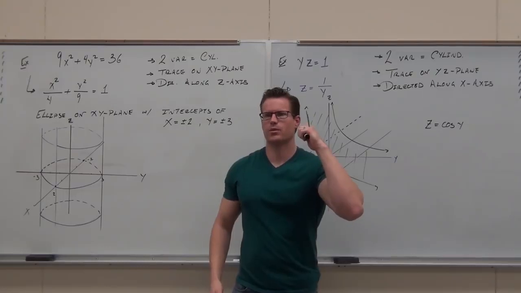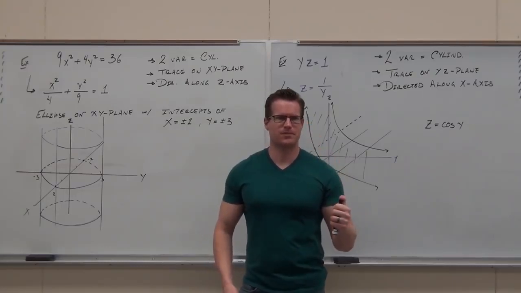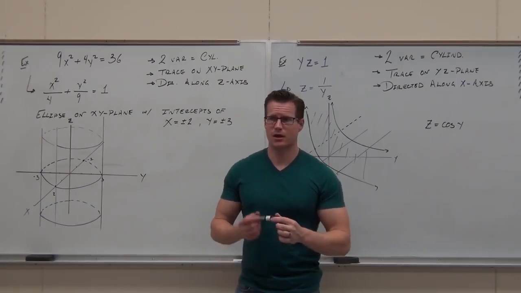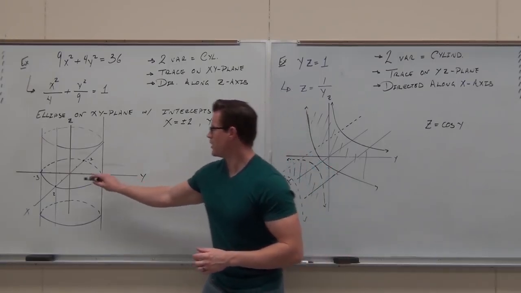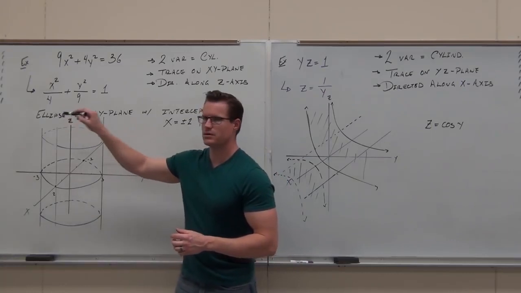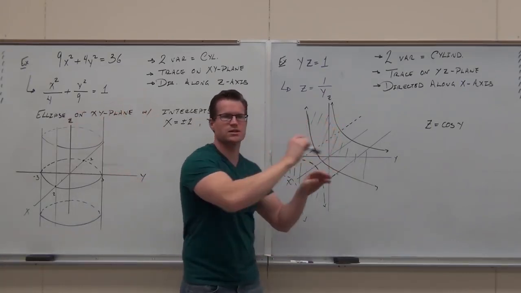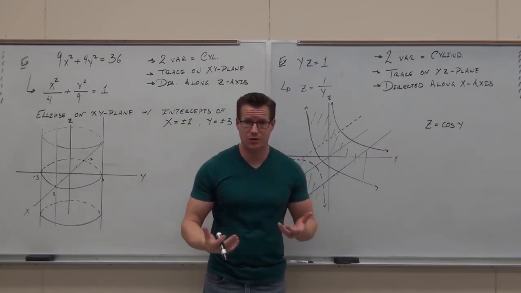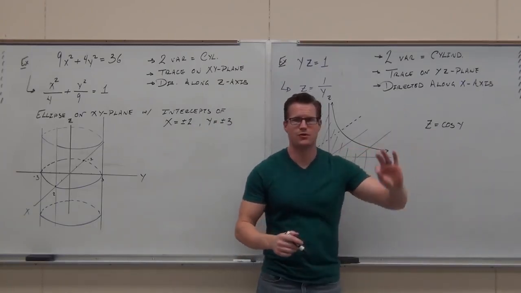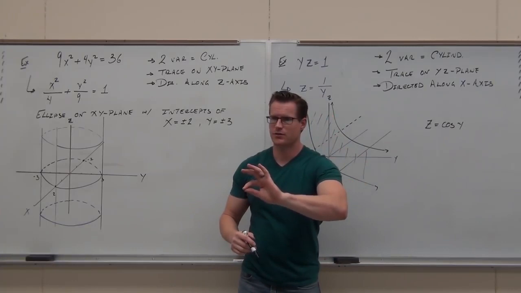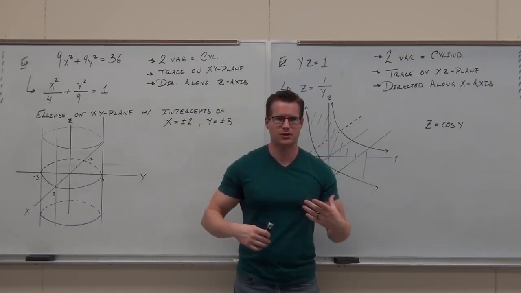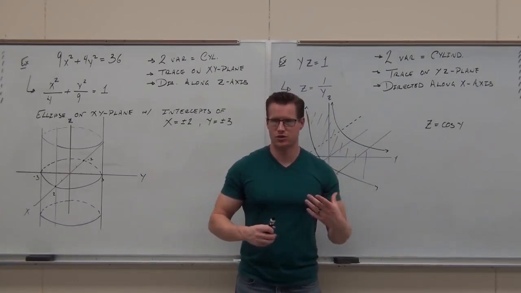Here's the issue. When we get to something called vector functions, what vector functions do is they start putting curves on this, spiraling up. They put curves on this, traversing the skateboard ramp. They put curves on this, traversing the curve. If you do not know how to draw the cylinders, there is no way that you're going to draw that curve.